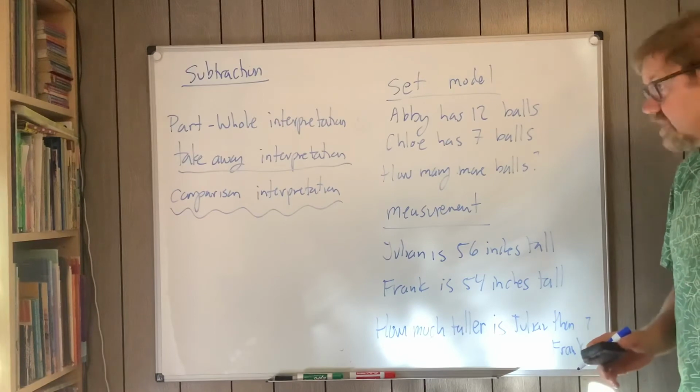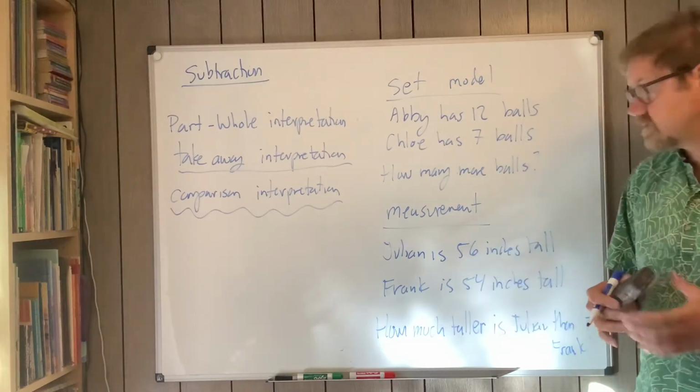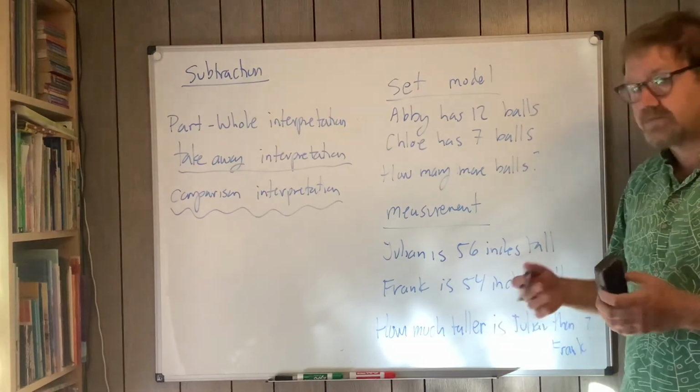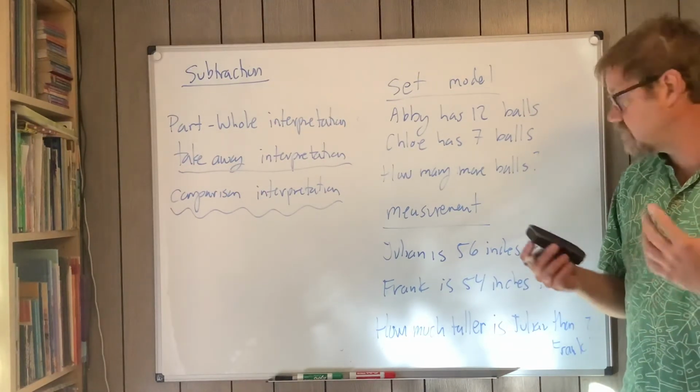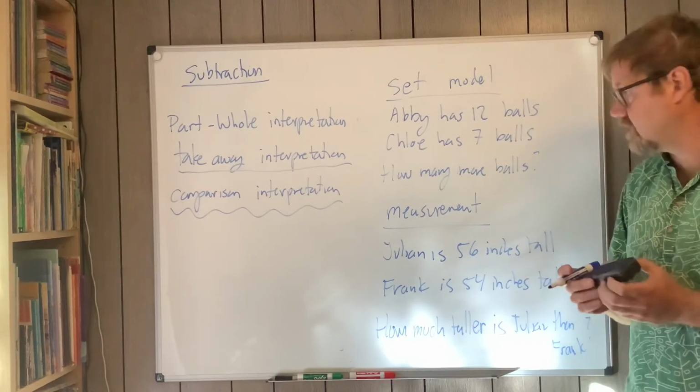Okay. And if you notice, one of the things, I've done this, but I haven't really said it. We have both sets and measurement interpretation with all of these things. And it's really important that students know how to do both of these kinds of problems.